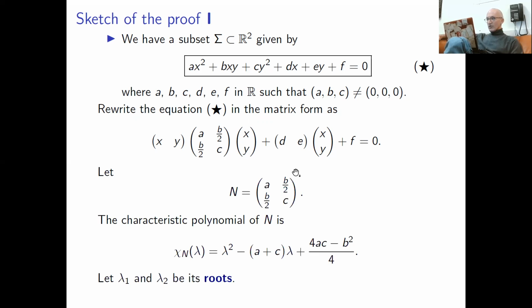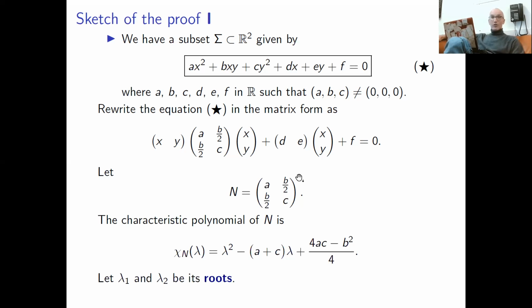Then, as we already know from the example at the beginning of this lecture, the main player here is this matrix. This matrix determines basically the type of your conic. Not completely, but if you know this matrix, you know almost everything about this curve.